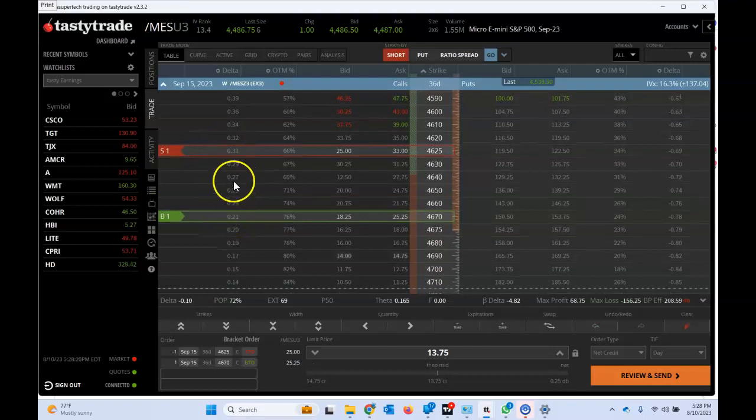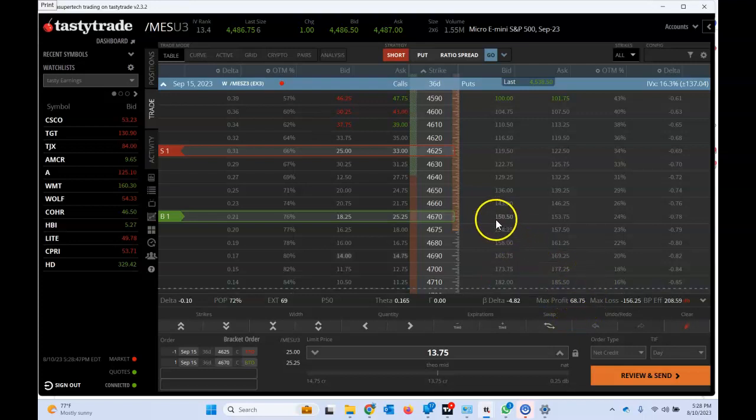We got a 5-point wide vertical in this case. It requires more capital, as you can see. The probability of profit is higher at 72%. That is at expiration, so the probability of 50% profit is going to be even higher for sure. Your maximum profit shows at 68.75.